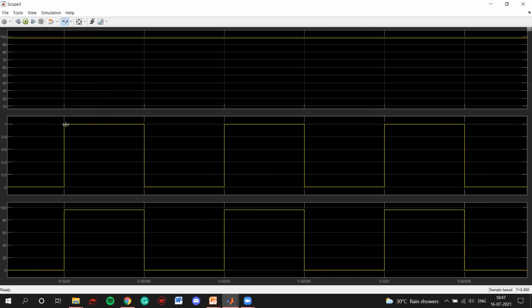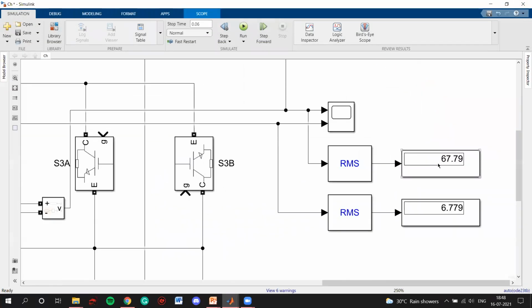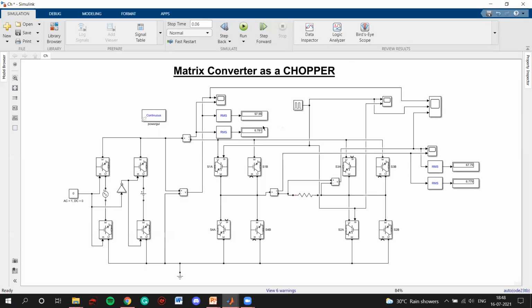So while the gate pulses are 1, when the IGBTs are charged or energized, then we are getting the output accordingly, that is 100 volts. And when it is off, we are getting no output, right? So average output that we will receive is 67.79% with 50% duty cycle, right?